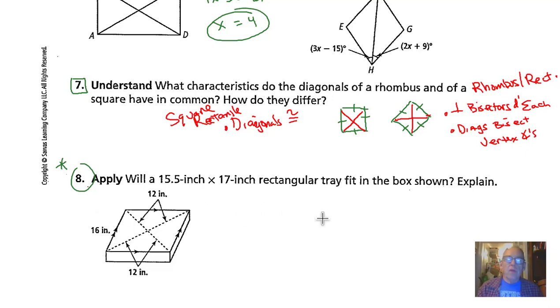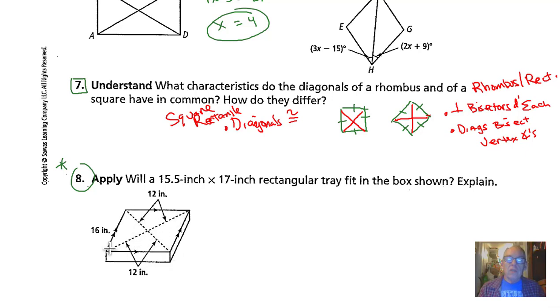Okay, let's set up number 8. Will this tray fit in the box as shown? Let's see what we got to do there. A 15.5 inch or 17-inch rectangular tray, and they're giving us the diagonal measurements. So let's see what we have in one of the sides. It's a parallelogram. 12, 12, 12, 12.